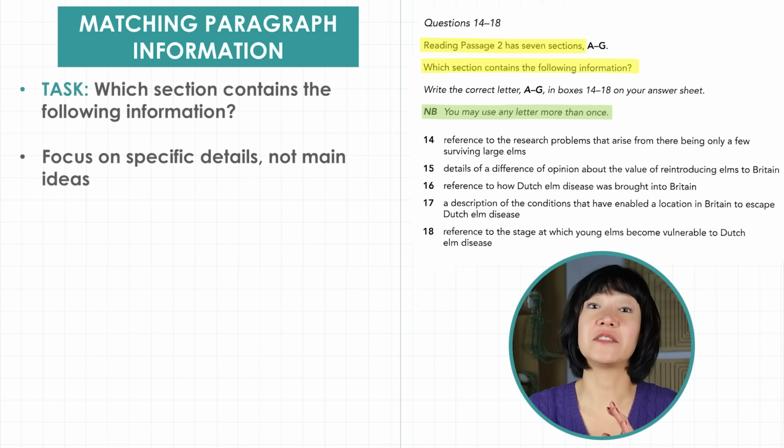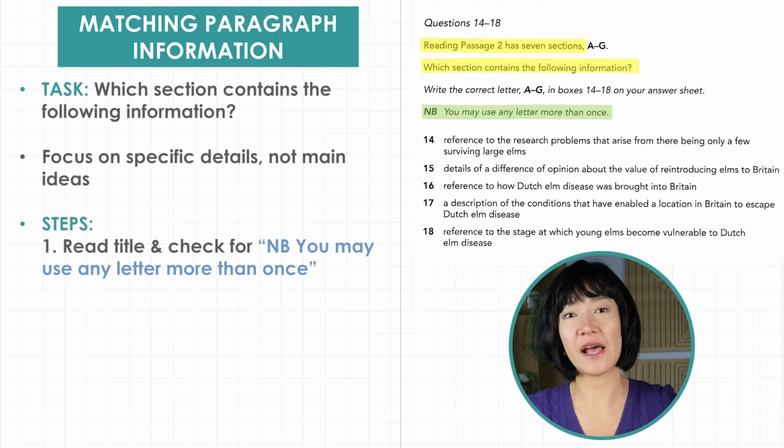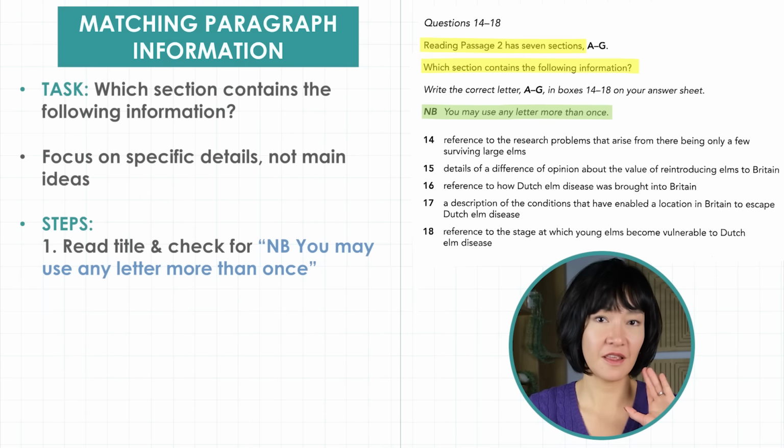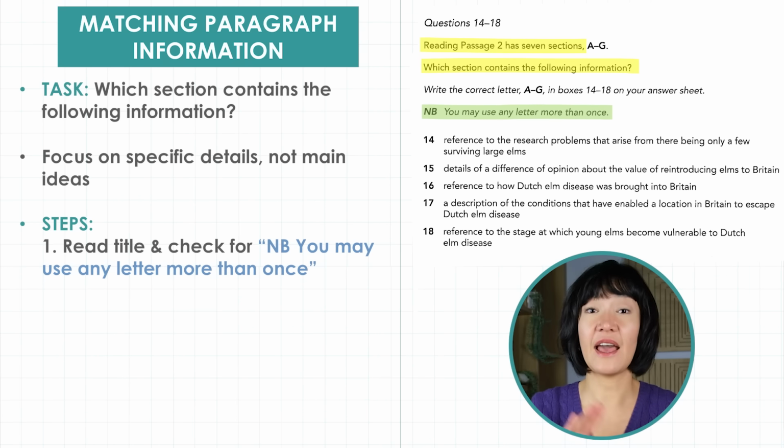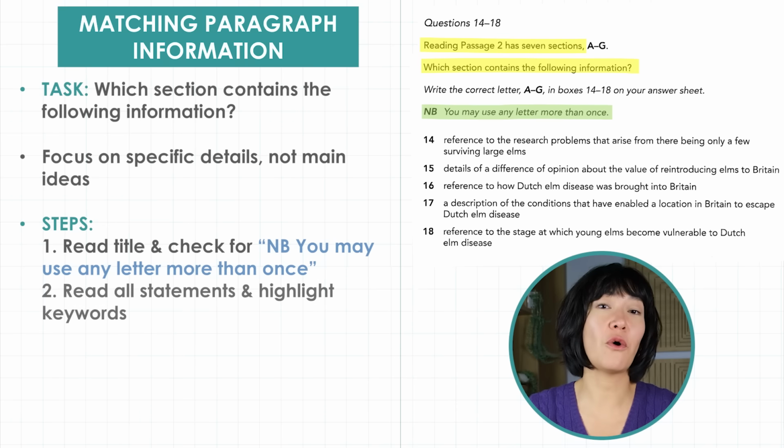So we've read the passage title and we're not gonna read the whole passage before answering this type of questions. We're gonna read the passage as we're answering them. So we may use any letter more than once. First of all, read all the statements and highlight keywords.